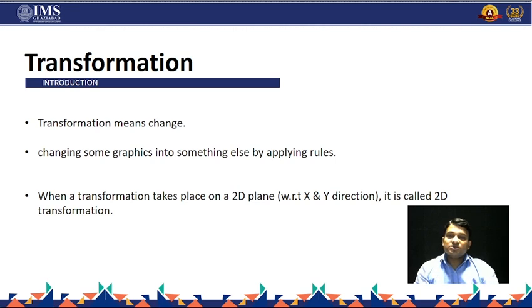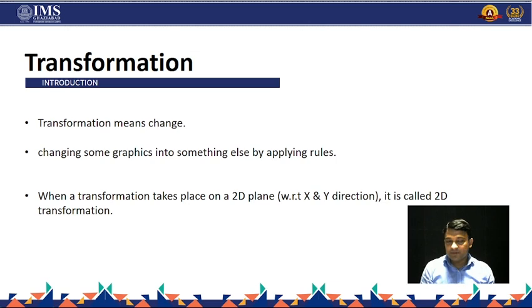So what is transformation? First of all, transformation means change, or any visual change in a scene. It means changing some graphics into something else by applying some mathematical rules.